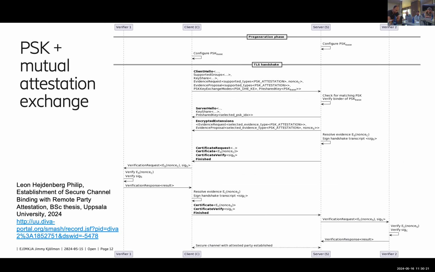Some of the details here might be a bit weird. For example, some signatures are, so this was an early version of the exchange. I think we would modify this a bit, but basically this is what was done as part of a bachelor's thesis that we had around this.